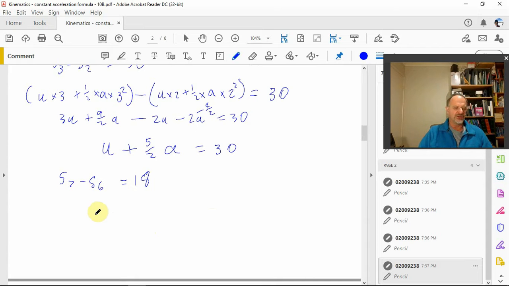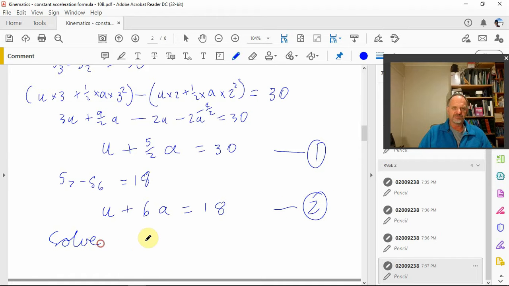But what you do get to is u plus 6a is equal to 18, and so now we've got two equations, and we need to solve them simultaneously.